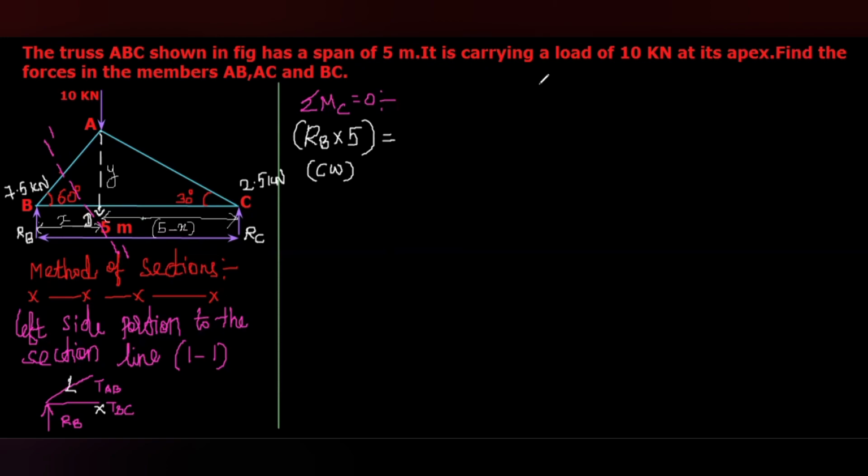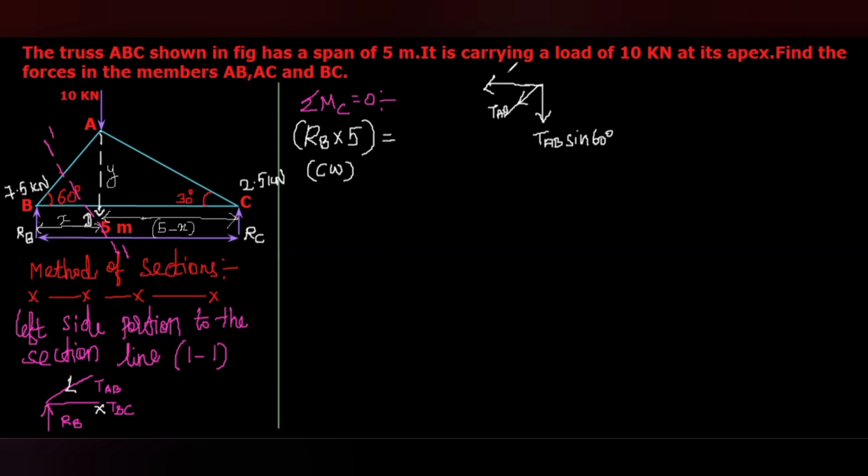So it should act inwards to the point B. If it is acting inwards to the point B, then the vertical resolved component, TAB sine 60, will act downward.